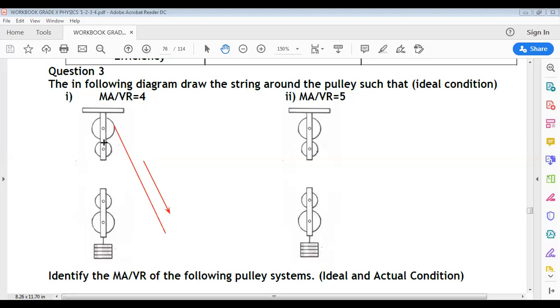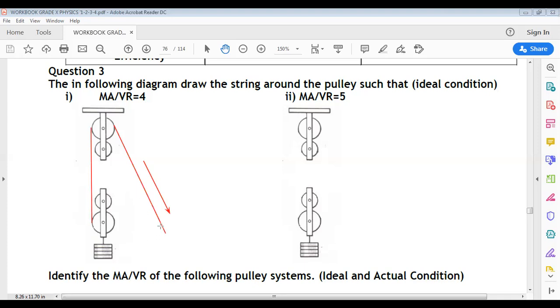How many pulleys are there in the system? 4. Okay. So we draw it. Now the string is moving like this. Now the string will come out from here, the other end. And from this end, you will find that the string will go to this end. Clear? From one end, it goes to the other end.